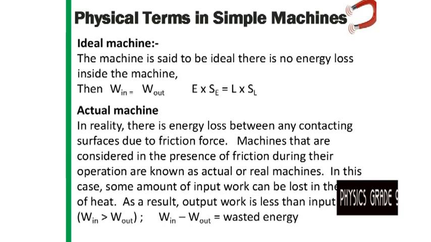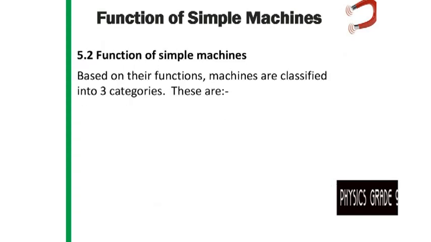So in a real machine, the work input is greater than the work output. From this we can determine what's called the wasted energy, the energy that we don't particularly need in order to operate the machine. It's given as the work input minus the work output, and that is equal to the wasted energy.